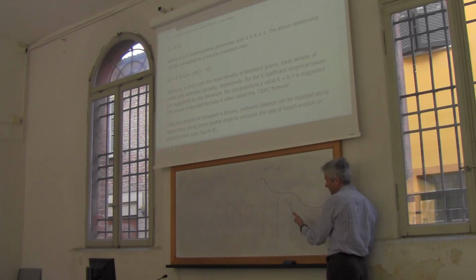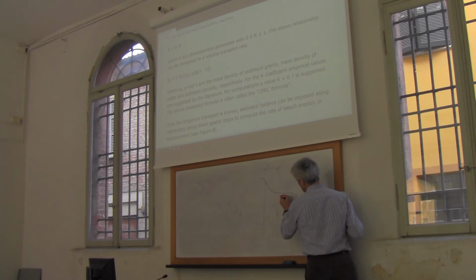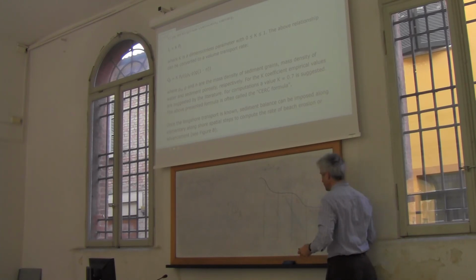Here, you see that the waves are a bit parallel to the coastline. So, I expect that here I have a shorter arrow. Okay, and then here, maybe the arrow is a bit longer. And then here, maybe like that.